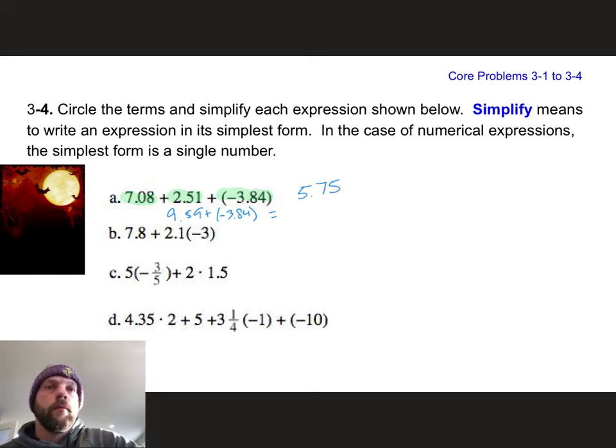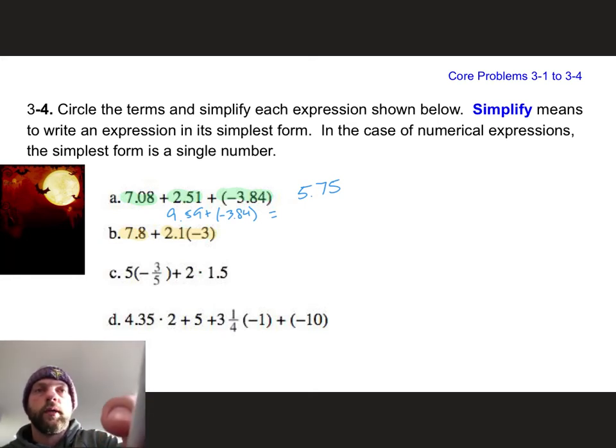Okay. Moving on to the next problem. Again, the addition sign is my stop sign. And then I have 2 parts there, so I have 2 terms that I'm working with. And then with that, it's going to be 7.8, and then 2.1 times negative 3 is negative 6.3.